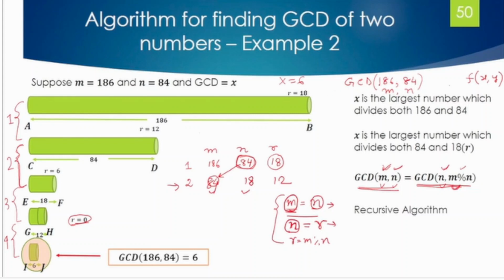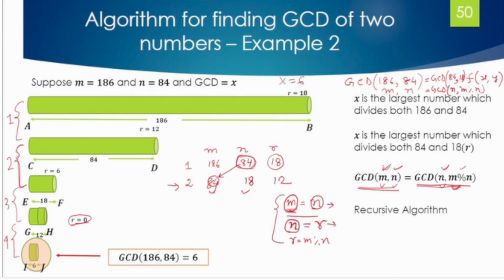Now if you notice, the GCD of 186 comma 84 is nothing but the GCD of 84 comma the remainder, that means 18, or we can say the GCD of n comma m percentage n. That means to find the GCD of m and n, we are again taking help of the same GCD function but with different arguments.